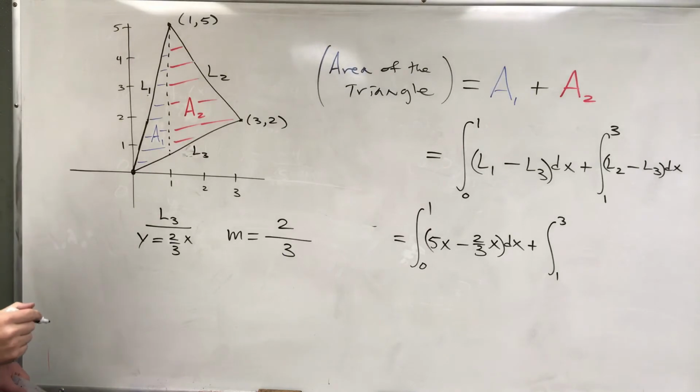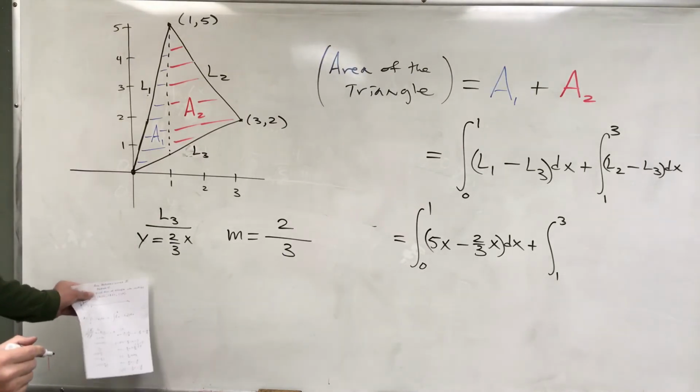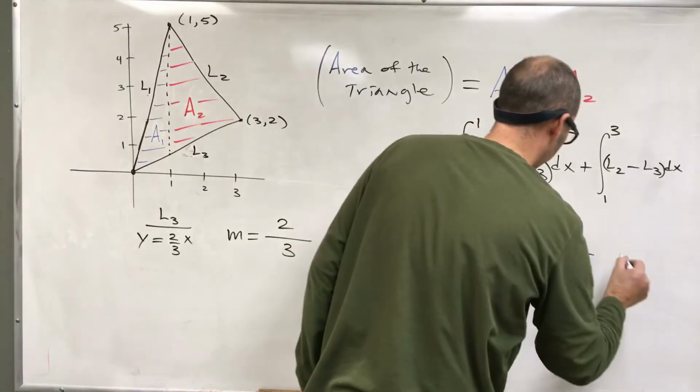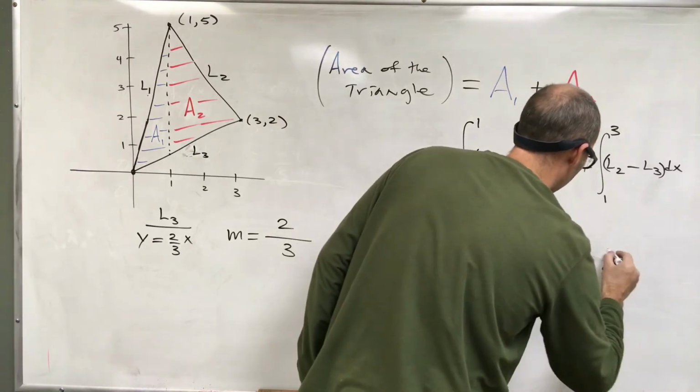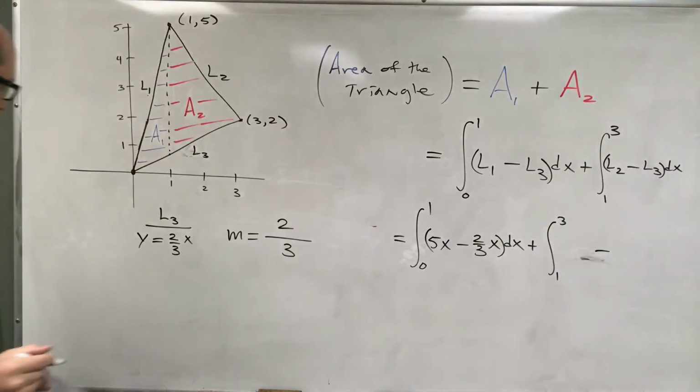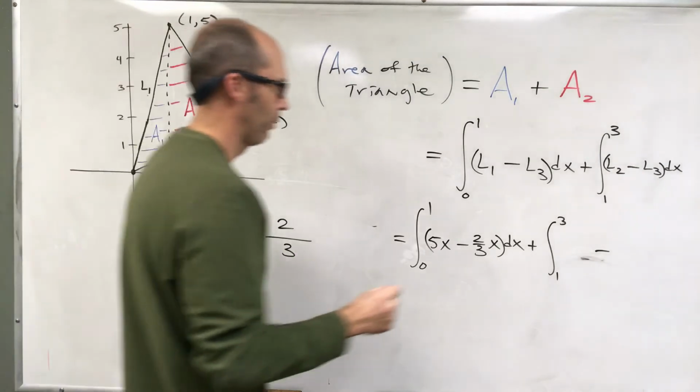We didn't figure out L2 yet, right? We just figured out L3, so something minus L3, which is 2/3 x.